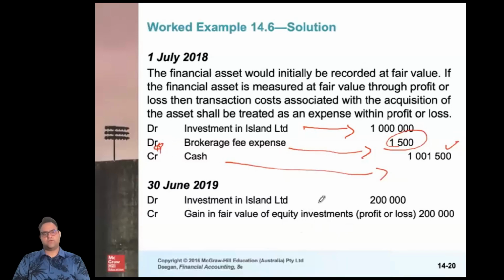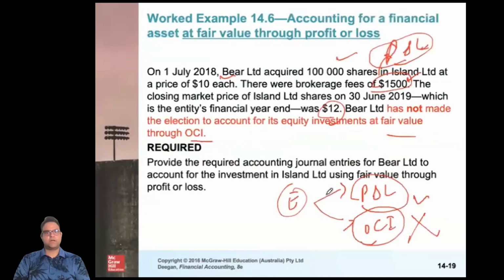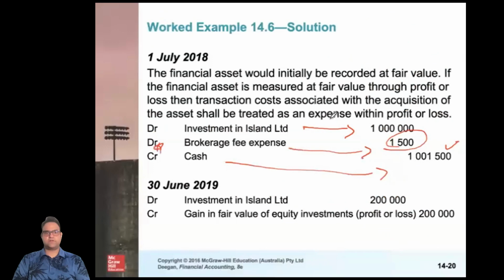Furthermore, after 1 year, there is a movement in the investment: when this $10 becomes $12 each, there is a movement of $2, so there is an increase in our investment in terms of a gain. That increase is also recorded as investment, that is 200,000, and the gain will be recorded in profit or loss for 200,000.